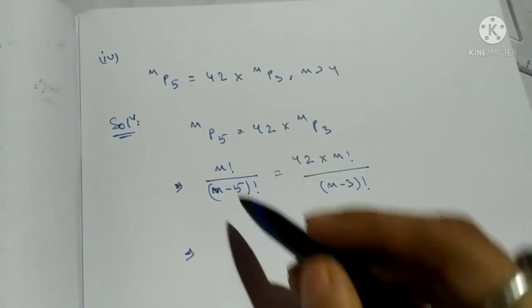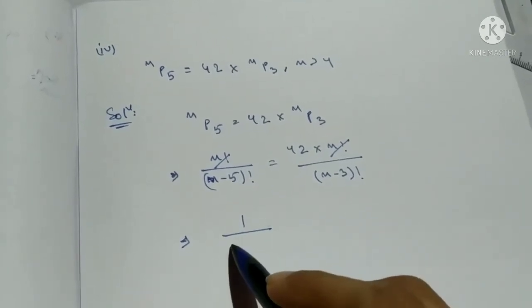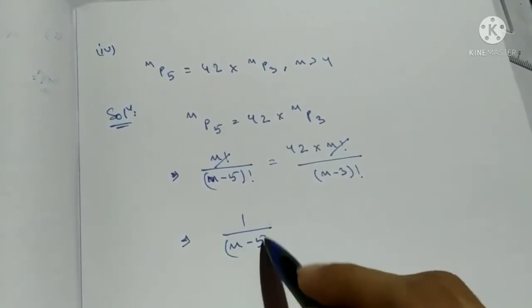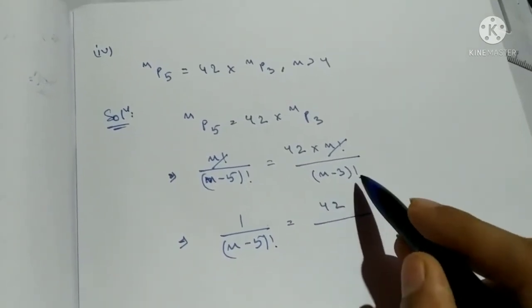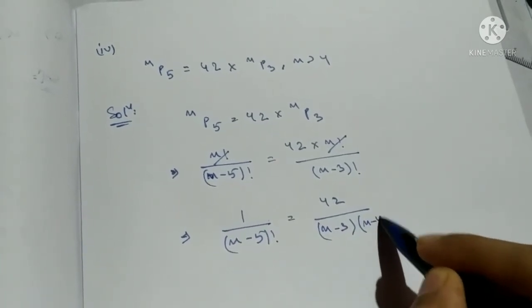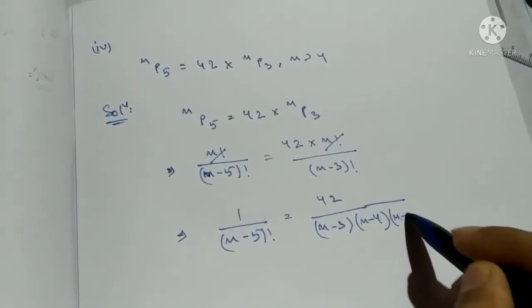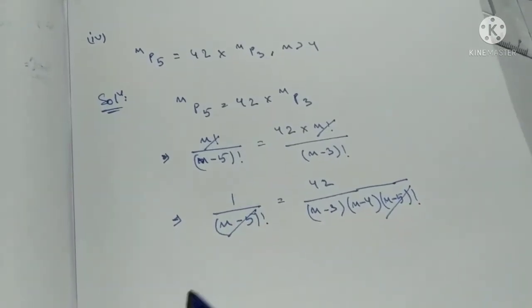Now you see in here n factorial cut. This is 1 by (n minus 5) factorial equals 42 by (n minus 3) factorial. I can write (n minus 3) into (n minus 4) into (n minus 5) factorial. So this one and this one I will cut.